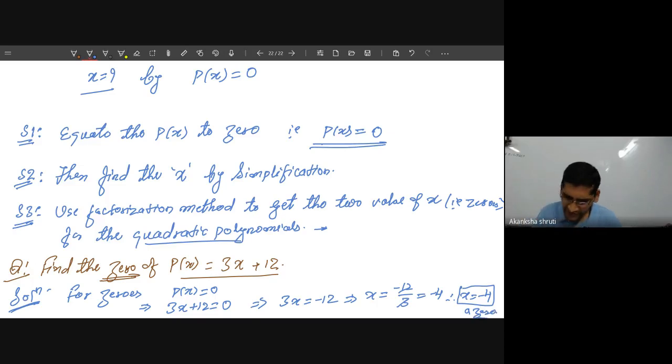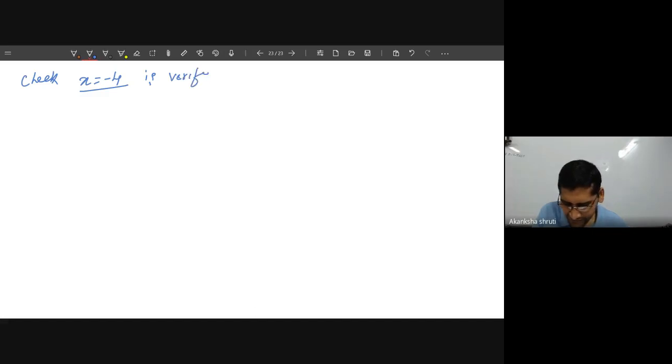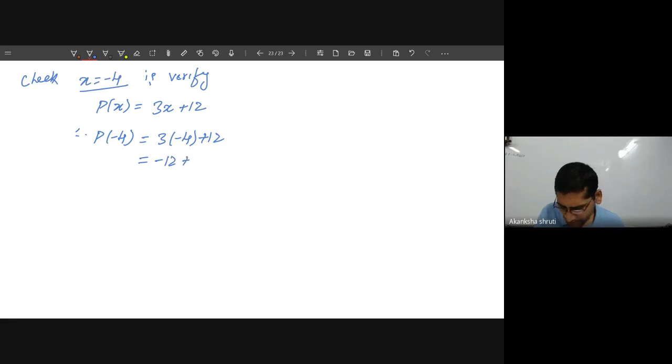Even, students, sir, we can check it also. So we can check whether x equals to minus 4, whatever we have calculated, is a 0 or not. Means that is we want to verify whether x equals to minus 4 is a 0 or not. So students, what is our px? Px is our 3x plus of 12. So if I am putting x equals to minus 4, you just see this, it becomes 3 into minus 4 plus of 12. So minus 12 plus of 12.